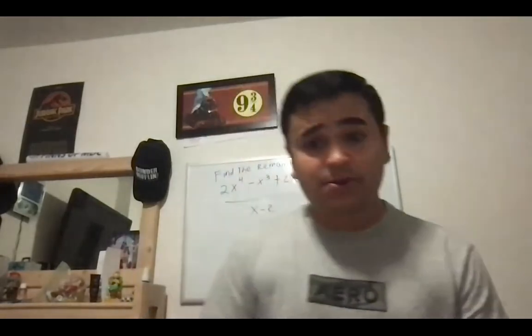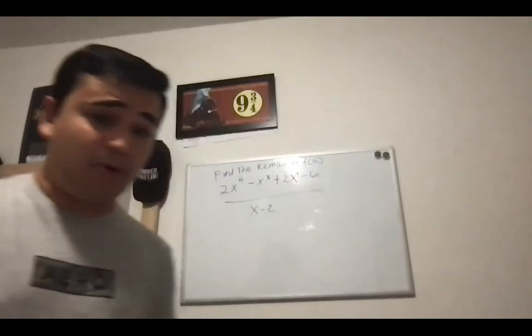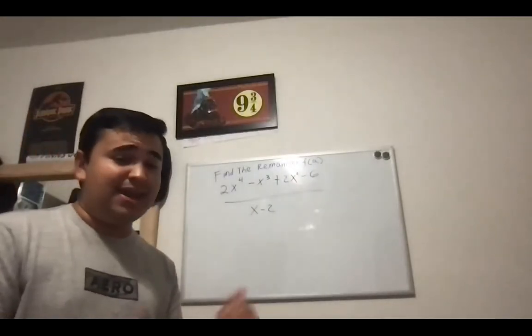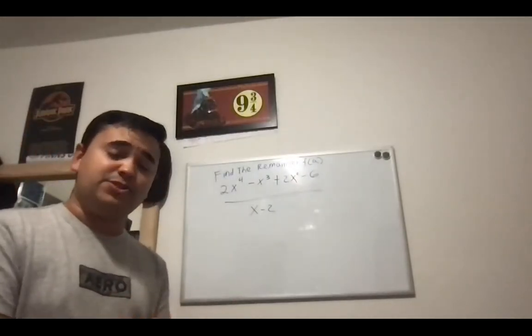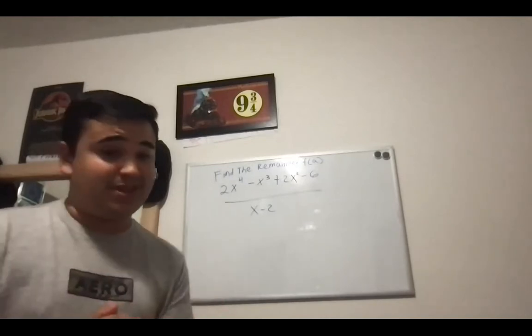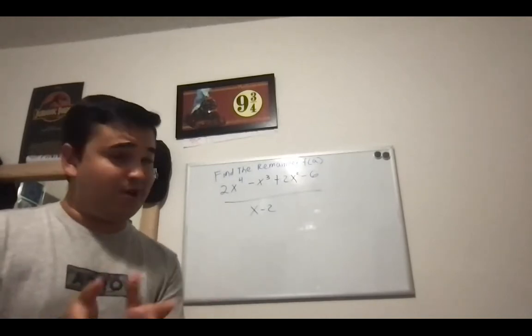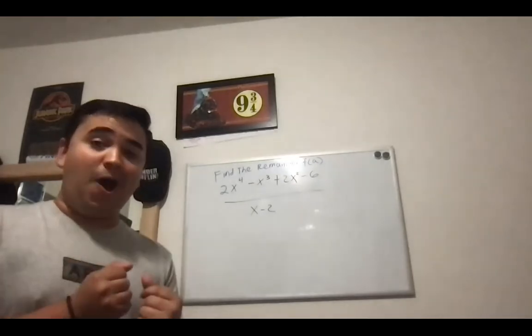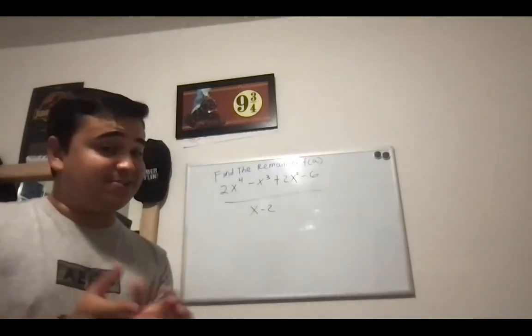Now that we have a basic understanding of what the remainder theorem is, let's go ahead and look at an example of how we can evaluate f of a into a polynomial in division, so we have a much neater and cleaner way, quicker as well, to find the remainders or factors.